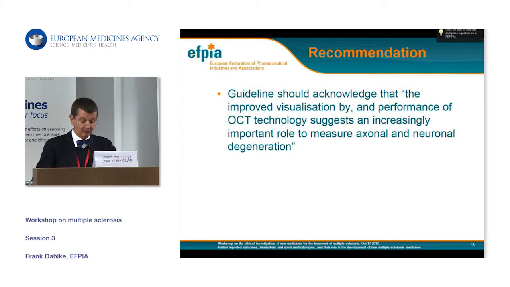So we would assume that it's not prime time for OCT, but we would say that it would probably be worth considering to mention that the improved visualization and performance of OCT technology could suggest an increasingly important role to measure axonal and neuronal degeneration in the future.